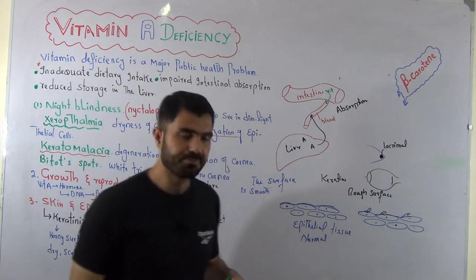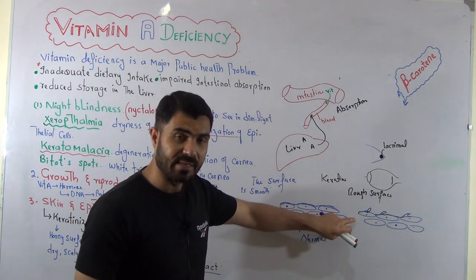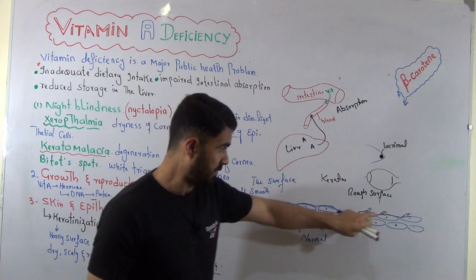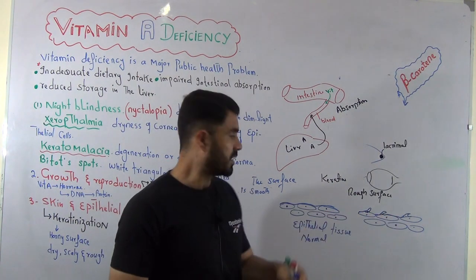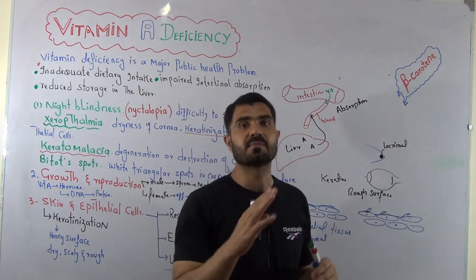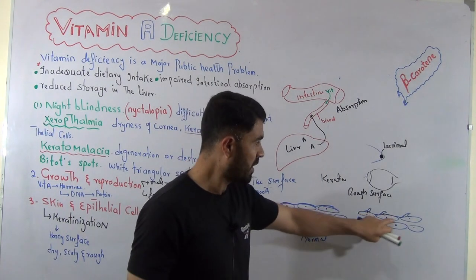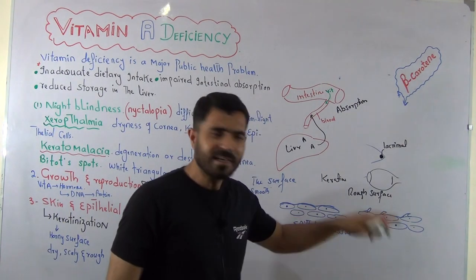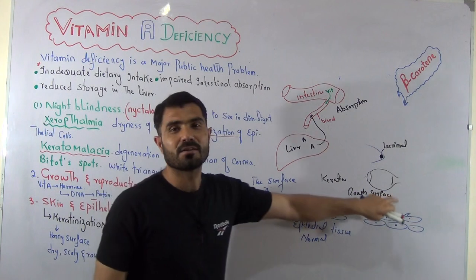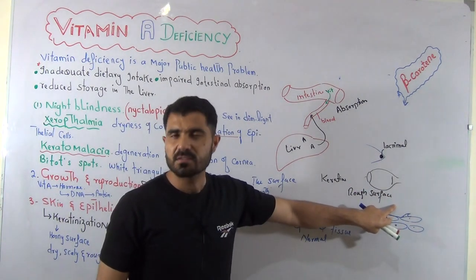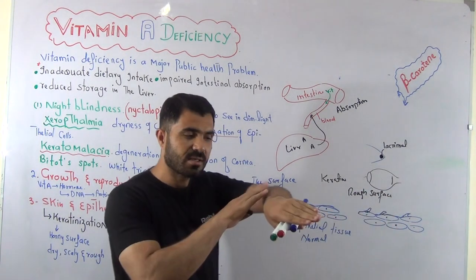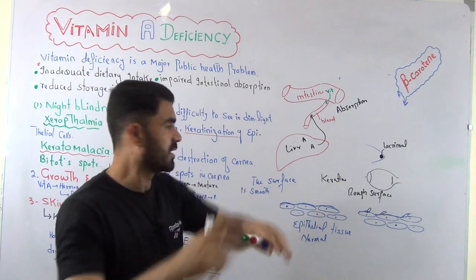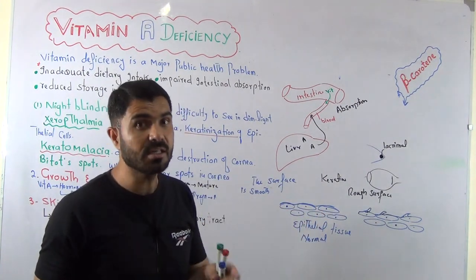Keratin protein, when produced on the surface of the cells, raises itself in this position, and this leads to the roughness of the surface. Skin is not smooth, and this is called keratinization.